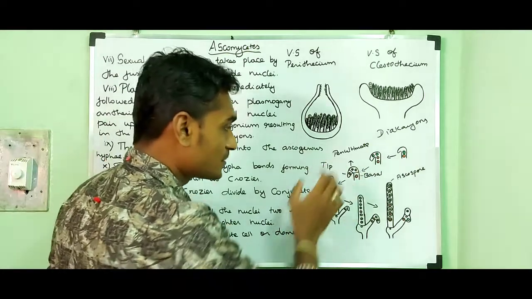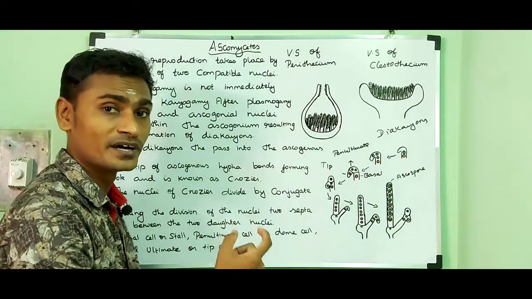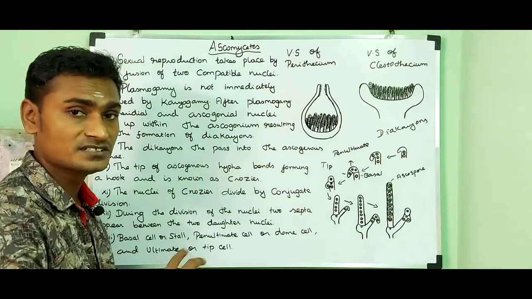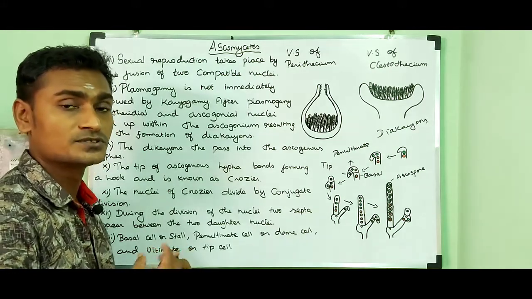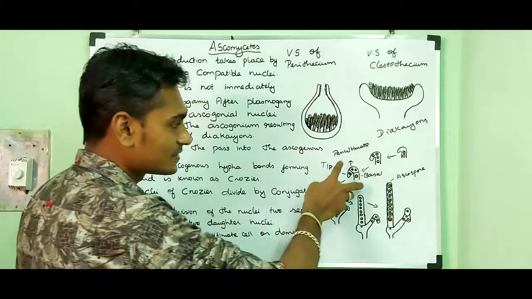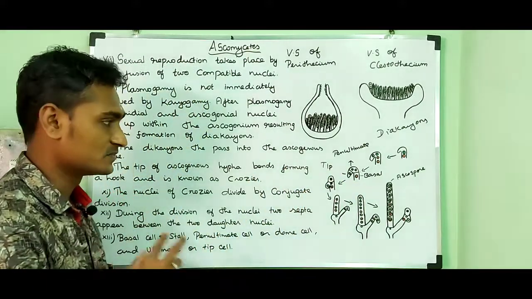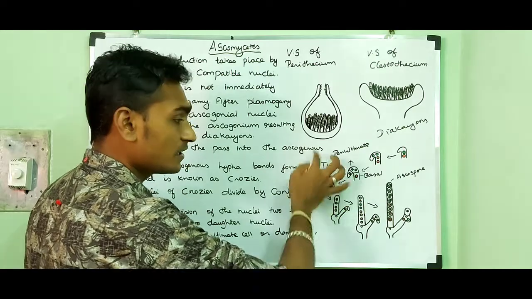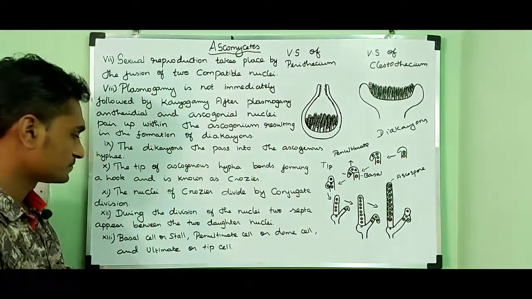So these three types of cells are produced by the septa. During division, the septa are formed, and due to the formation of septa, three types of cells are formed. They are basal cell, penultimate cell, tip cell or ultimate cell.